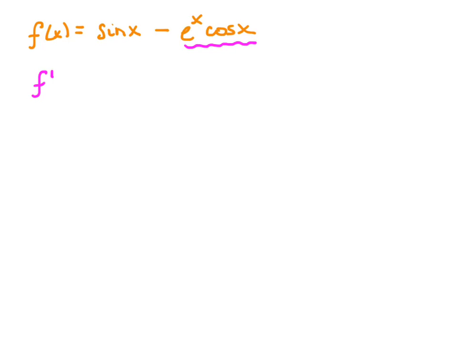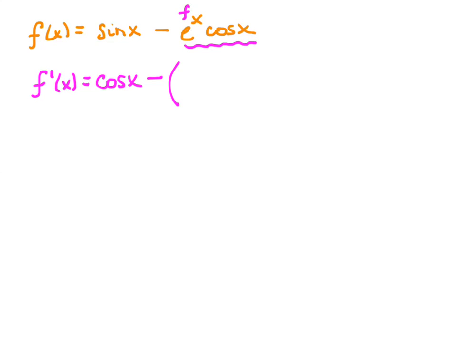So our derivative, f prime of x, would be equal to the derivative of sine x, which is cosine x, minus, and then with e to the x times cosine x, we're going to do a product rule.